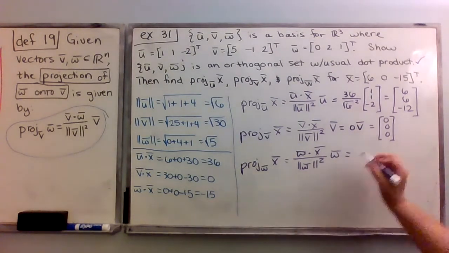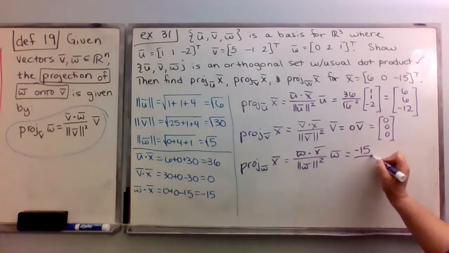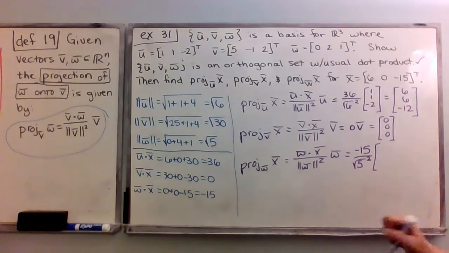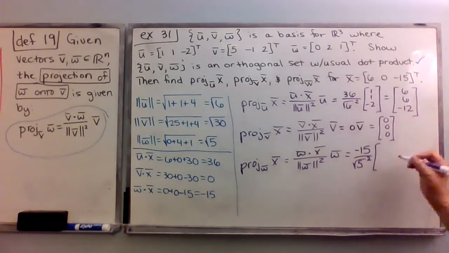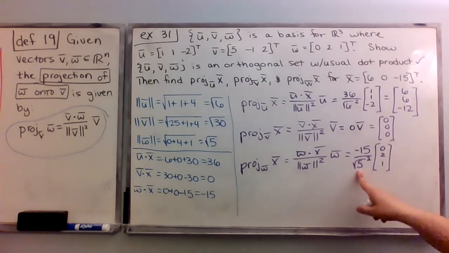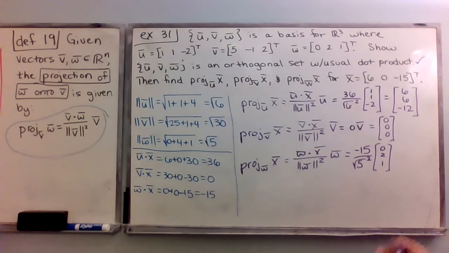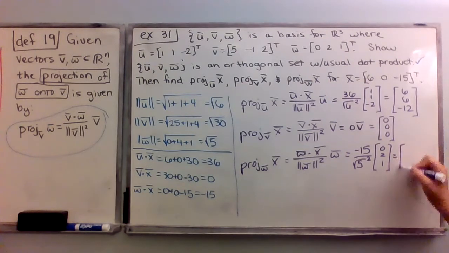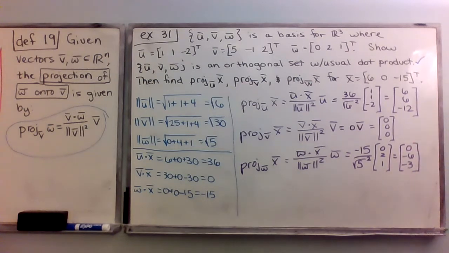So we have a -15 over the square root of 5 squared times w, which was 0, 2, 1. Now the square root of 5 squared is 5, and 5 goes into -15 -3 times. So we get 0, -6, -3. And there we go. Those are our 3 projections.